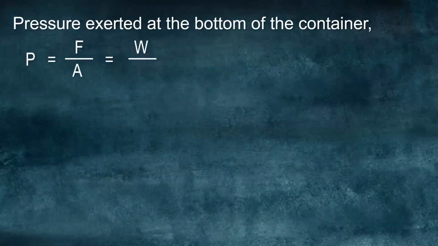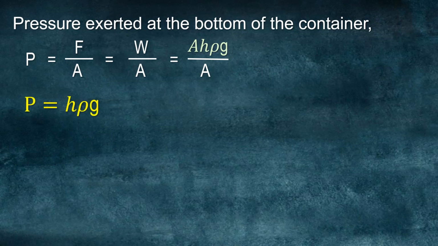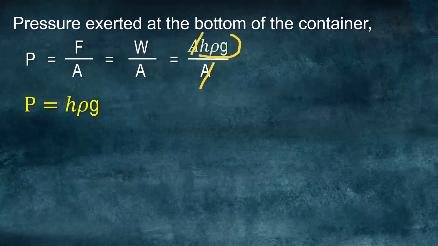Our force is the weight, Ah rho g, divided by our area, which is A. So we end up with pressure equals h rho g, because of course the A in the numerator cancels with the A in the denominator. So we end up with h rho g as the one that is left.